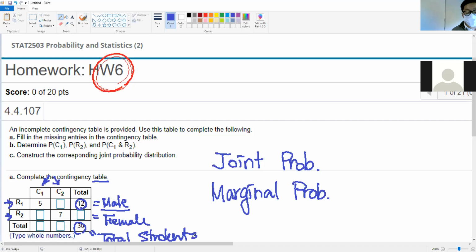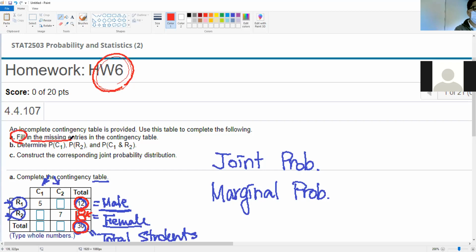For example, let me say R1 is the number of males, and R2 is the females, and 30 is the total number of students. Then now the question is how many females? So now 30 total, and we had 12 males, so the others must be 18.